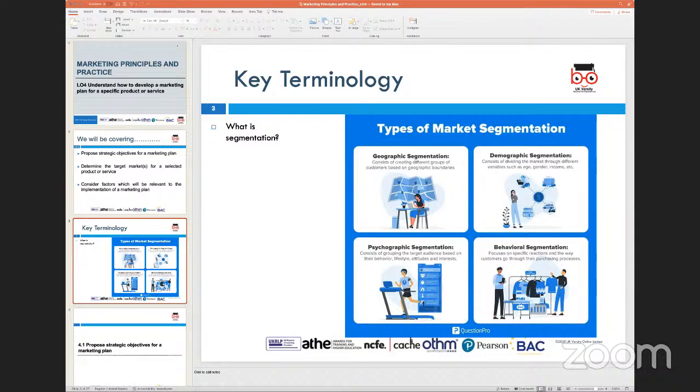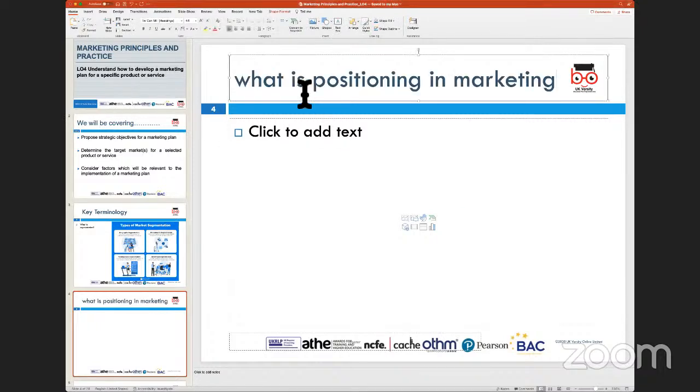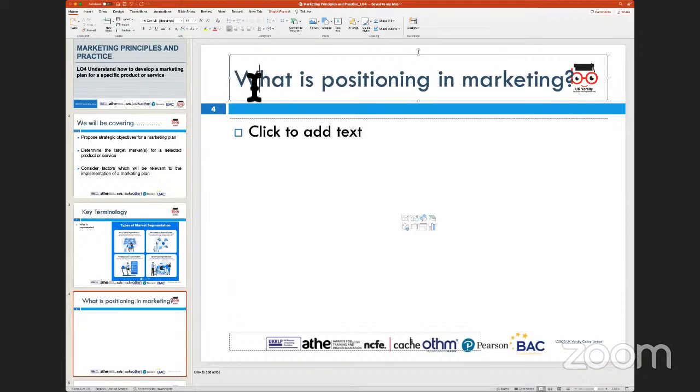Now, when we talk about strategic objectives of planning, or let's look at it this way, one of the other key terms we look at is positioning. What do we mean by positioning in the market? This is directly related to the marketing plan that we need to create.